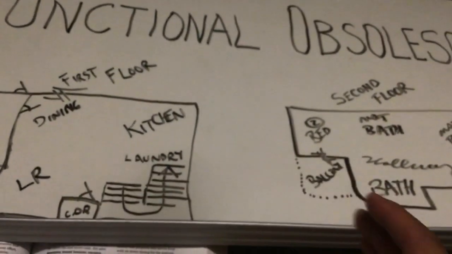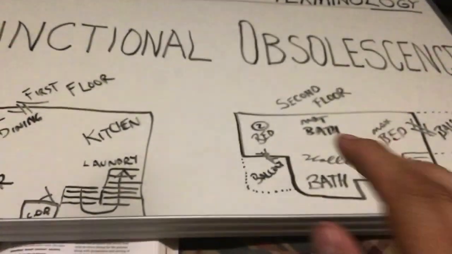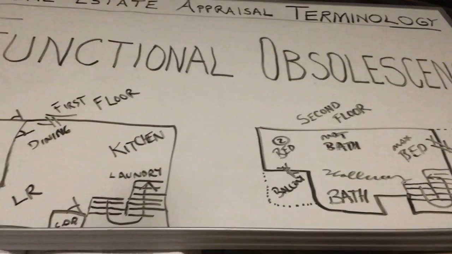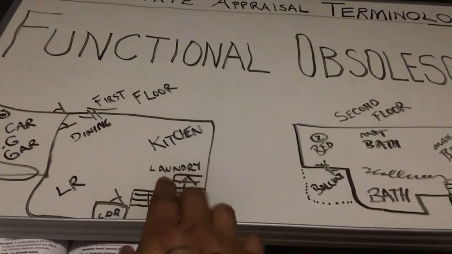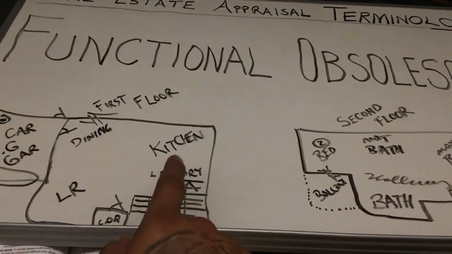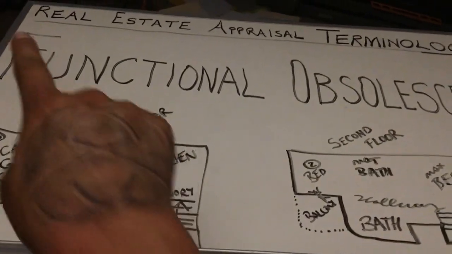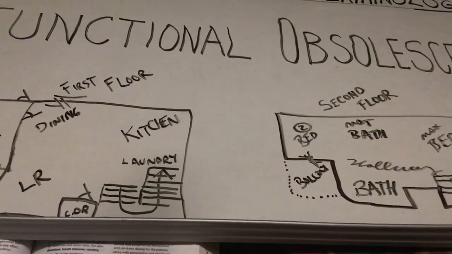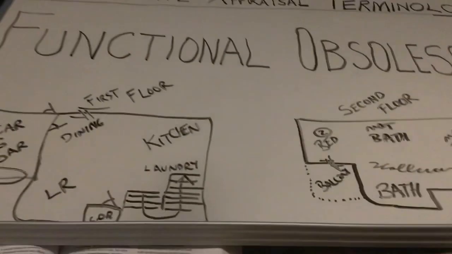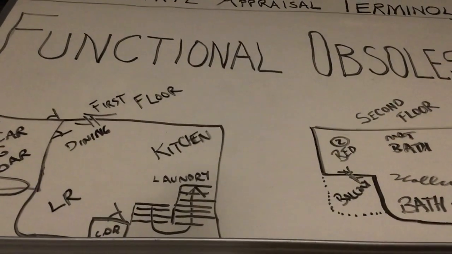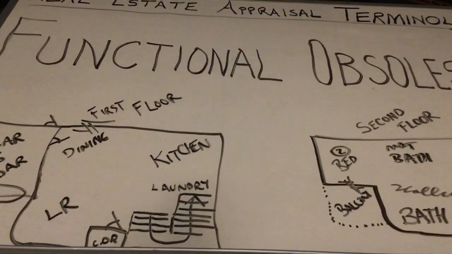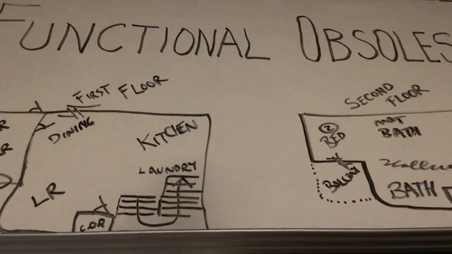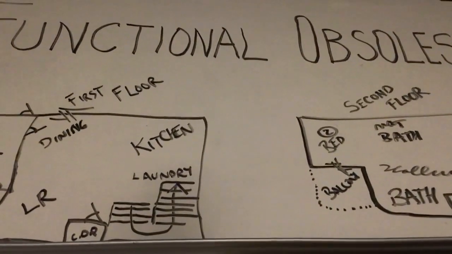So we also have to come up with the math to see if we can cure this functional obsolescence, right? Theoretically, let's say we had to add a half bath to the first floor to cure the functional obsolescence of this home. But let's say that half bath at $5,000 only brings in $3,000 in value to the overall value, then it's considered incurable.